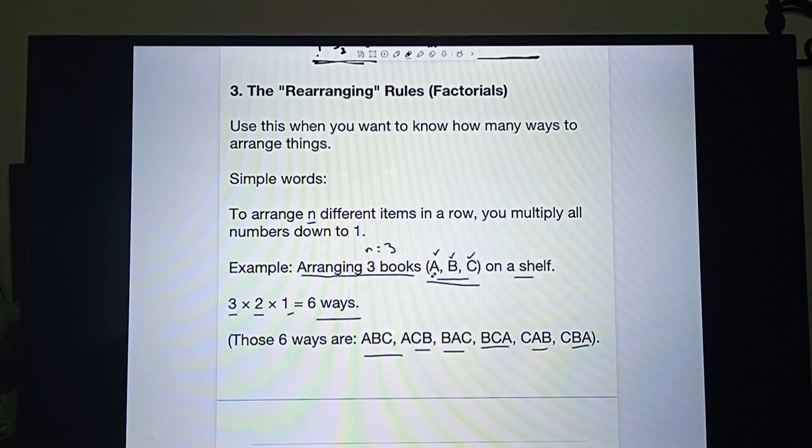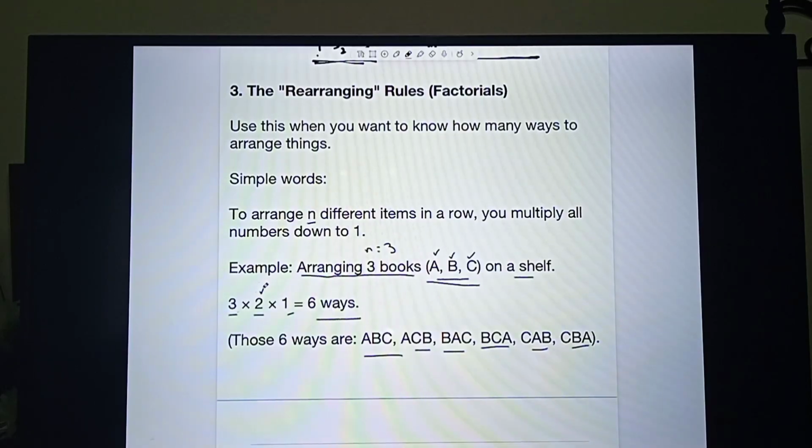Now the count choices for each position. So first position, meaning that in the first place we have 3 choices, A, B, or C. Second position, we will be having 2 choices after one book is used.